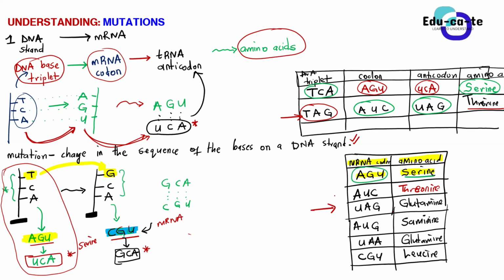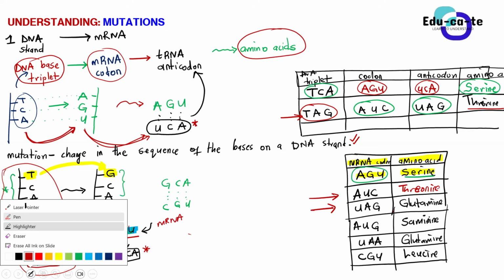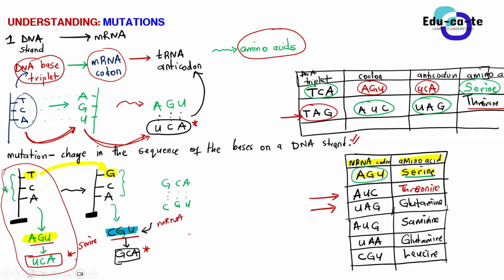Since our table gives us a codon and an amino acid, you go and look for CGU in the table. What is CGU coding for? Which amino acid? Leucine. Yes, it's leucine. They've given you a codon and an amino acid, guys. So this codon CGU is coding for leucine as the amino acid.